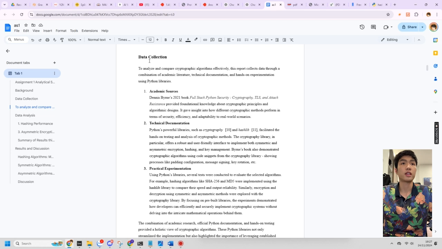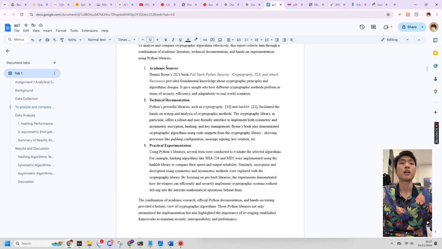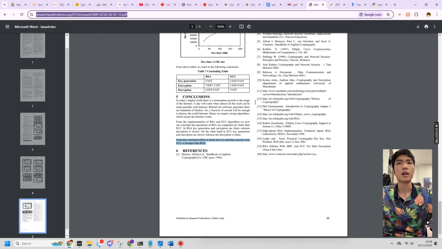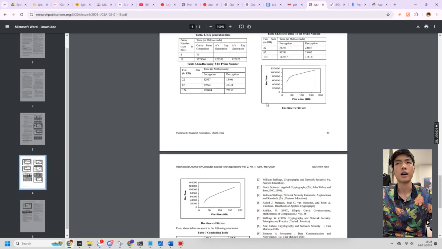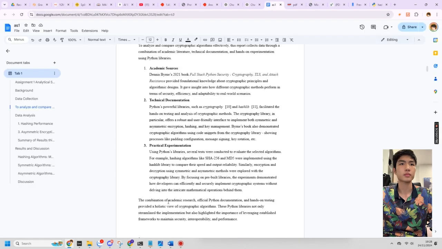So for the data collection of this report, I used a variety of sources, starting with academic sources. I heavily relied on our textbook and a few other online research papers.